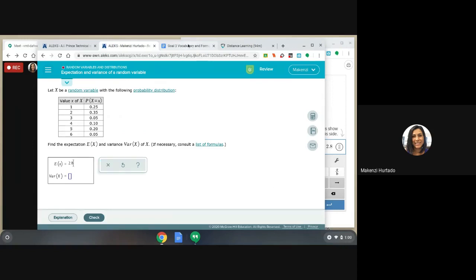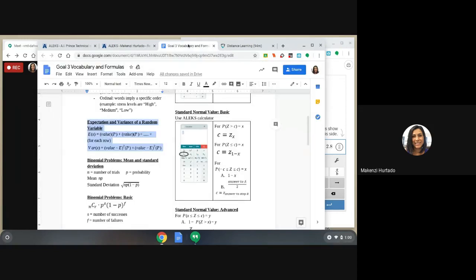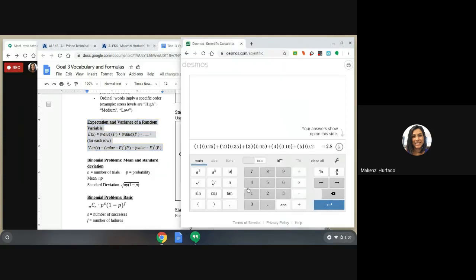Now, if you look at the formula for variance, we have the value minus the expectation, and then a squared, then the probability. So this is why I like to put the parentheses ahead of time, because now we're just going to put in the minus 2.8 and the squared. So I can go right ahead in there, minus 2.8 and squared into every single one of my values, minus 2.8 and squared.